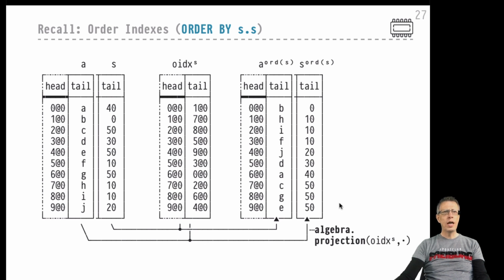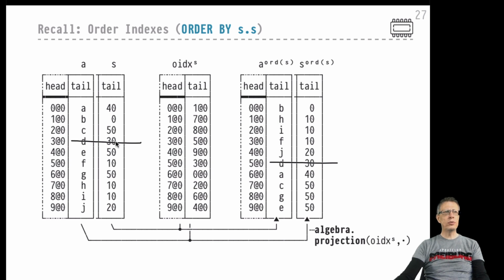Applying the same permutation BAT to the A BAT would of course lead to the corresponding A column that is ordered in ascending S fashion. What we can see is that, for example, the row D, 30 is now occurring in the ordered output.